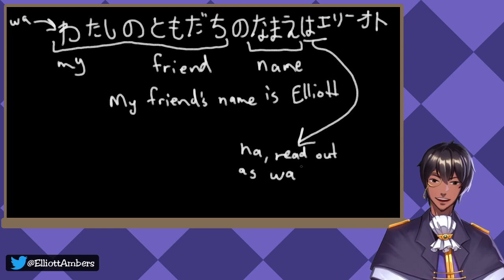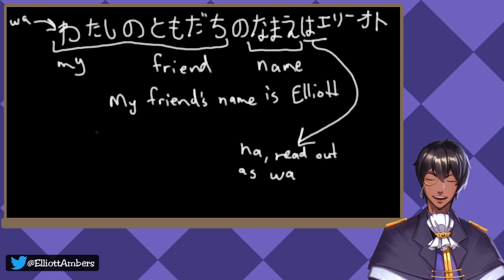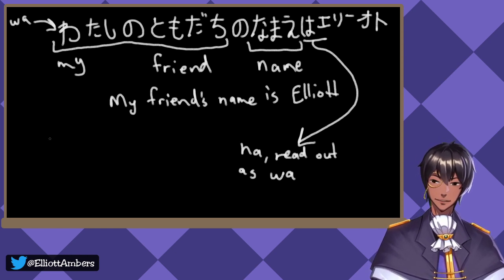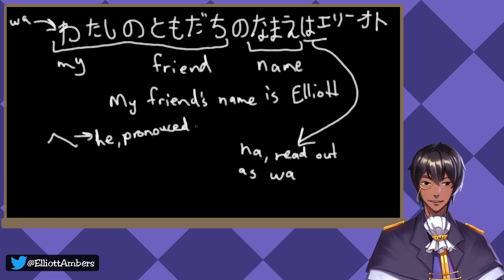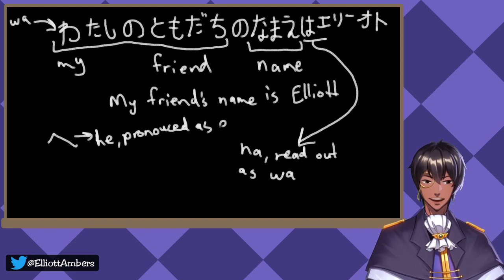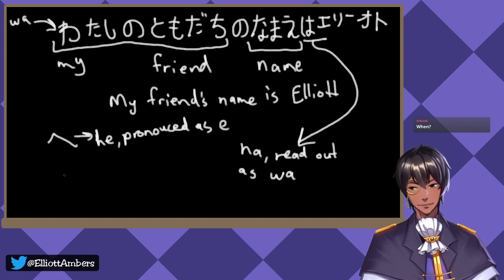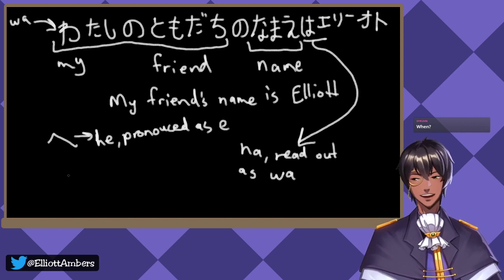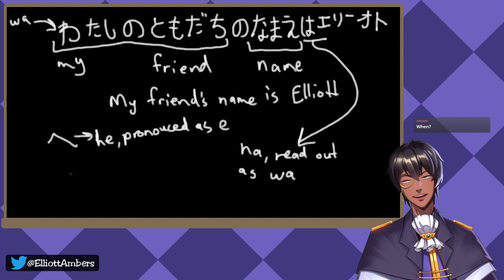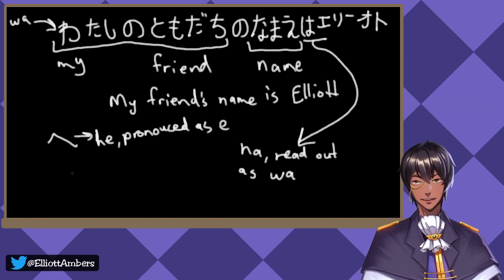In the future, we're going to talk about some other cases, and now that we've gone over some particles, I feel like it makes a little more sense for me to explain that. The particle for movement, he, is read as he, but pronounced as e. I think the next particle lesson comes in 2 weeks.